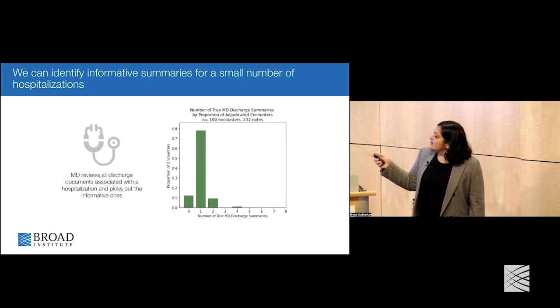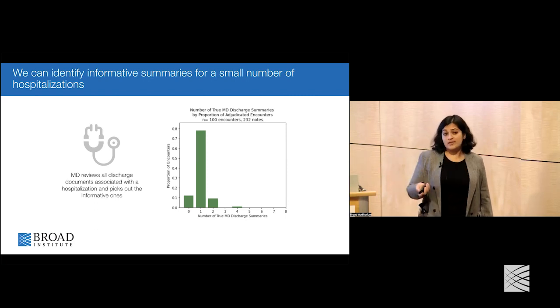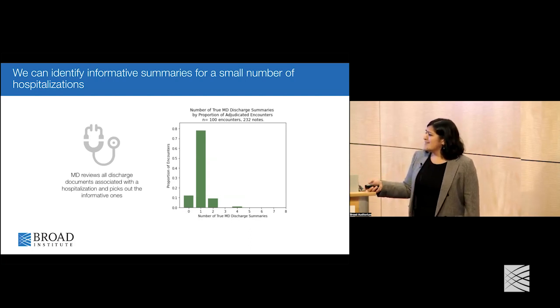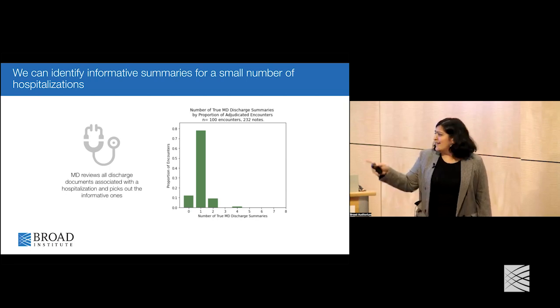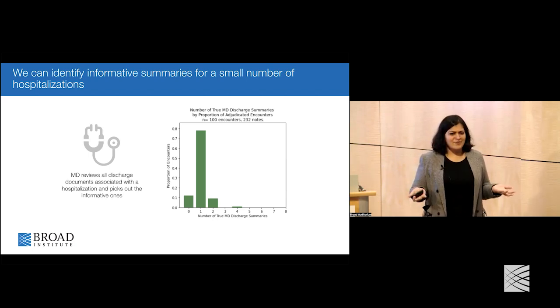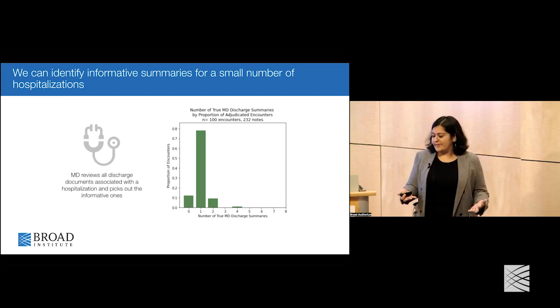You see here on the right in green the distribution of the number of true informative discharge summaries associated with each hospitalization. Sometimes, like 11% of the time, there's just no useful information in the EHR. That's the 0 bar right at the beginning, which means none of the documents that we found in the EHR are really informative, which is unfortunate, but also speaks to the difficulty of the task.